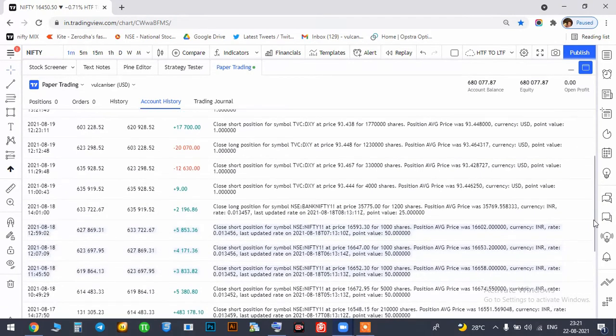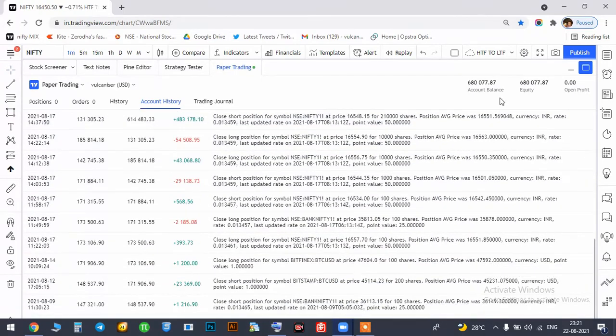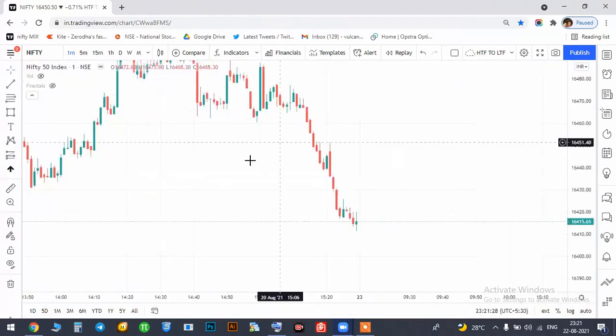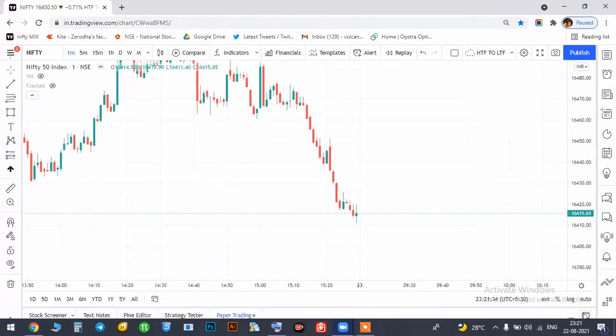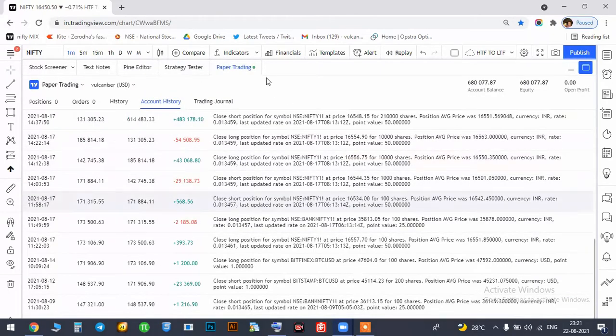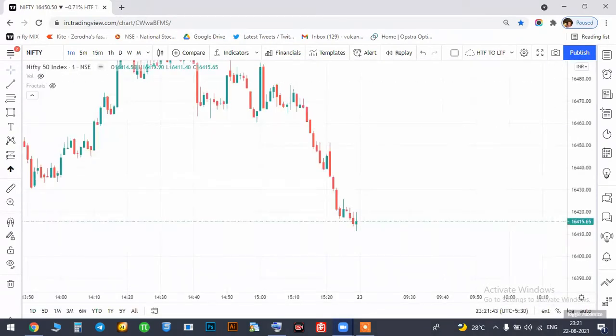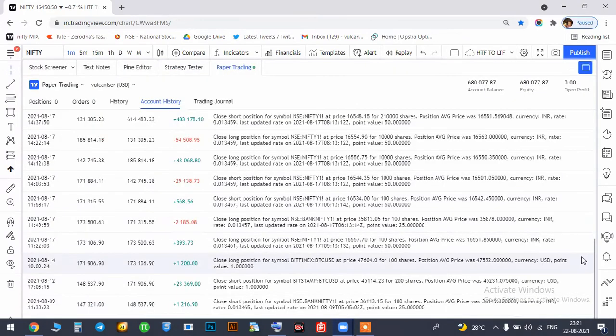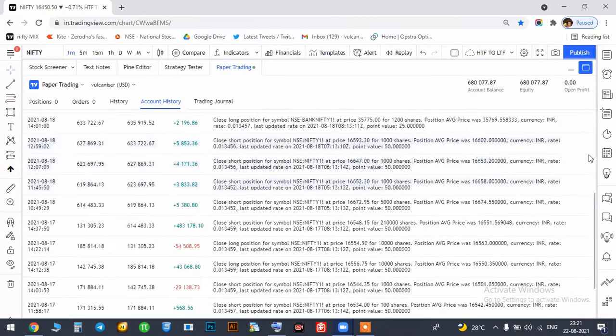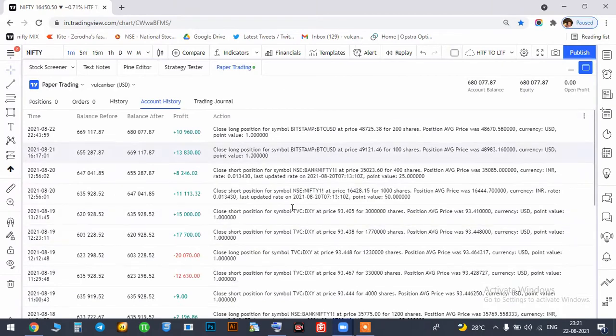And if you are reliable here, and you are true to this, you don't cheat this, okay? No matter whether you face loss or profit, if you don't cheat this terminal, you will be profitable, because don't take trades in the live market when you are not profitable in paper trading.